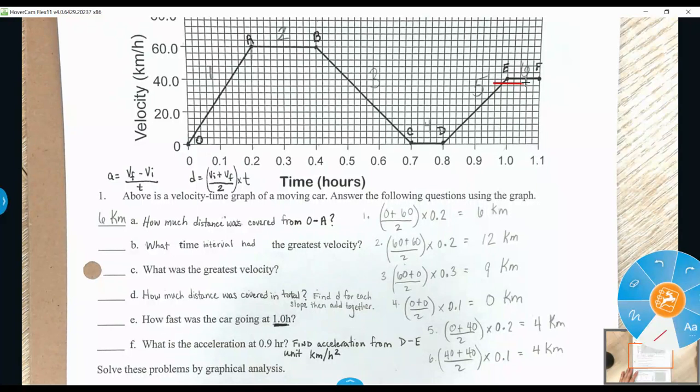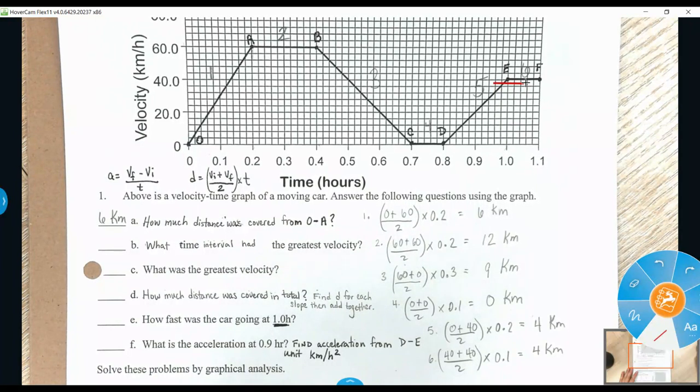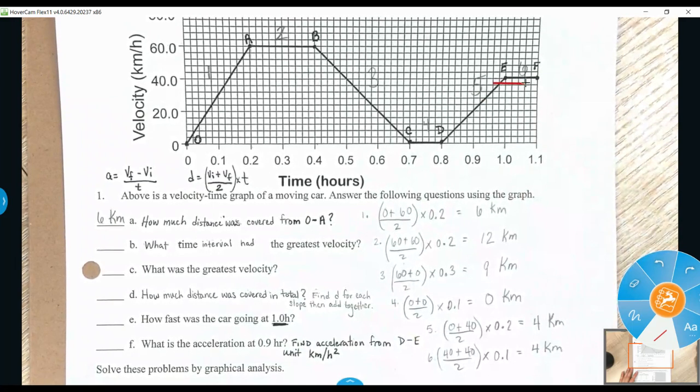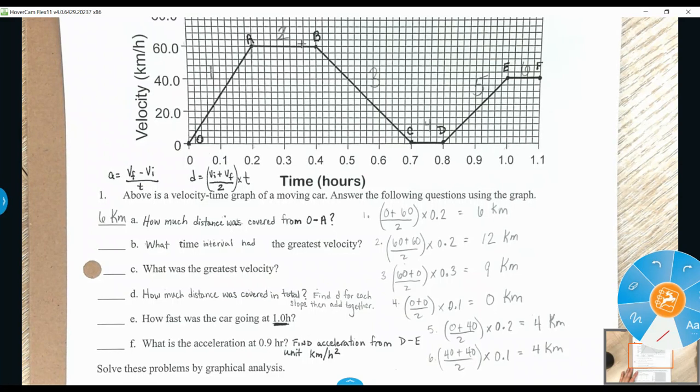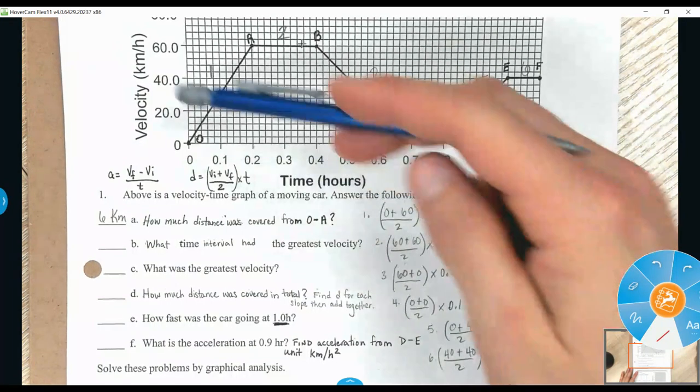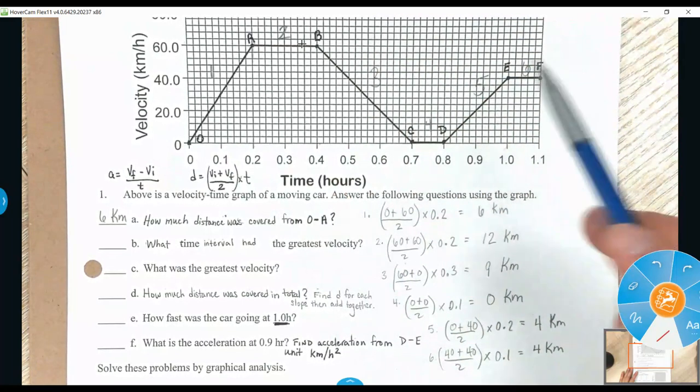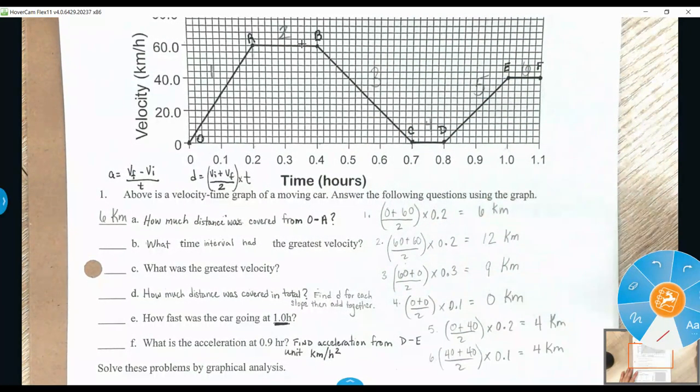What time interval had the greatest velocity? Essentially, that should be told from the slope itself. Whichever one had the steepest slope. Well, actually, I apologize. Because this is a velocity time graph, slope is going to refer to acceleration.